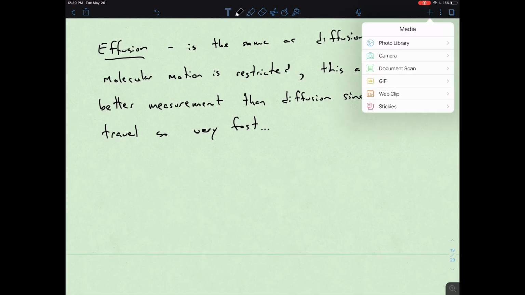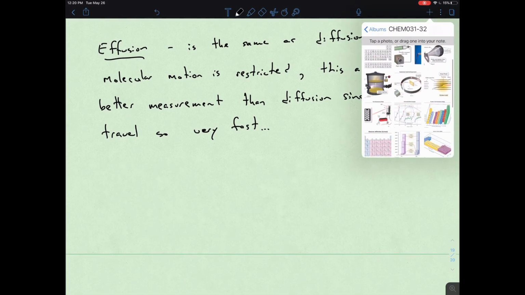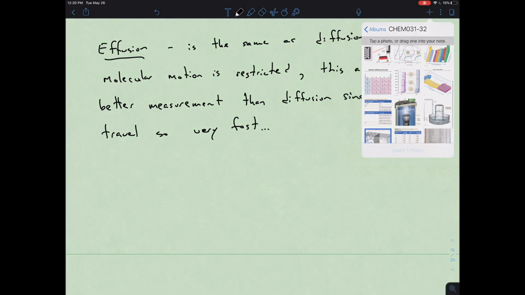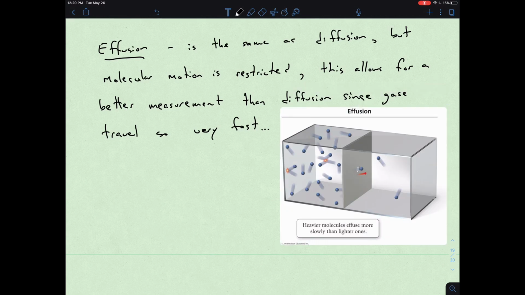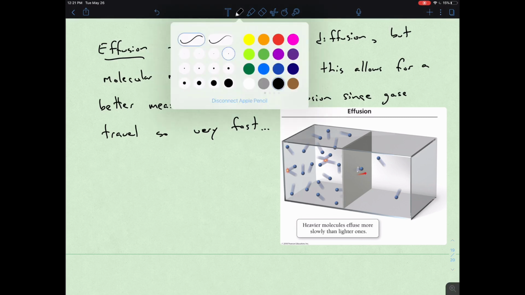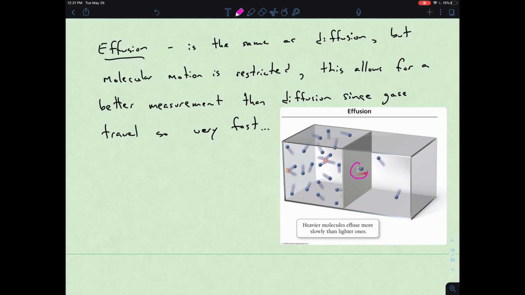So a little bit easier maybe to just bring in a picture of effusion, which we see here off to the right. So, in one side of the box we can introduce the gas and it starts to move around. And then the two boxes are separated by a pinhole, which we can see is right in the middle of the box. And so that allows some of these gaseous molecules to travel to the other side.